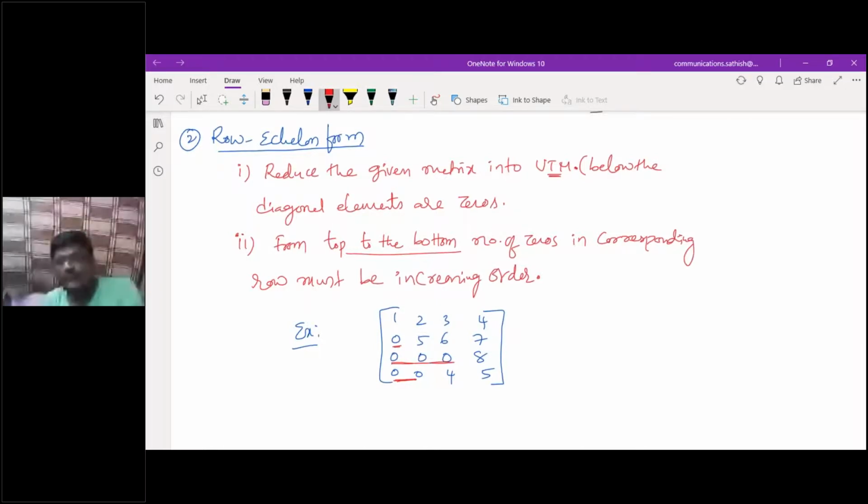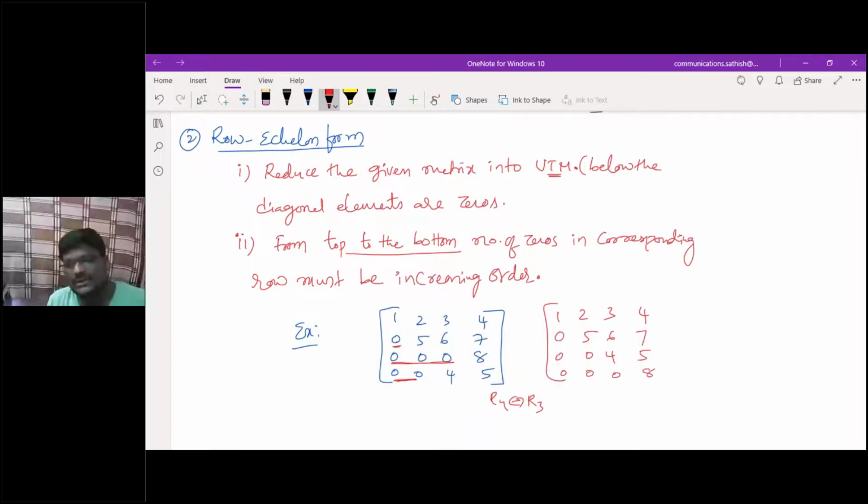So I need to interchange R3 and R4. After interchanging, I write it as 1, 2, 3, 4; 0, 5, 6, 7; 0, 0, 4, 5; 0, 0, 0, 8. Am I correct or wrong?